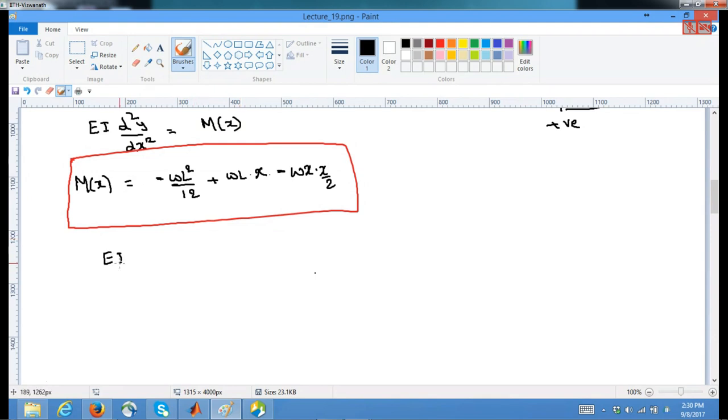EI d square y by dx square is equal to minus WL square by 12 plus WLx minus Wx square by 2.